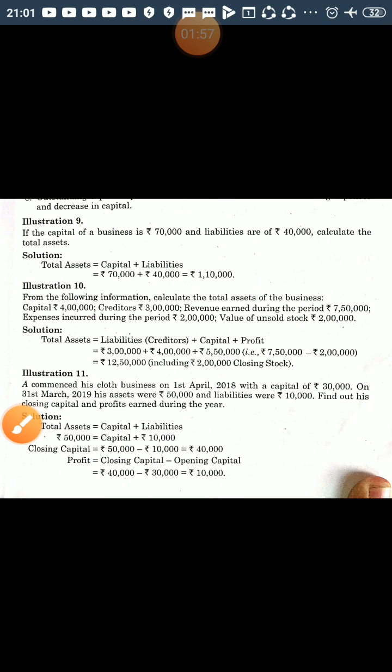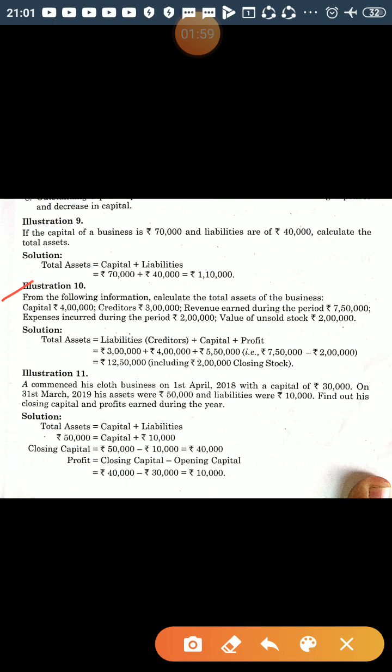Now it's very easy. The next question is: from the following information calculate the total assets of the business. Capital is 4 lakh, creditors are 3 lakh, revenue earned during the year, revenue meaning profit, is 7,50,000, expenses incurred during the period are 2 lakh, and value of unsold stock is 2 lakh.